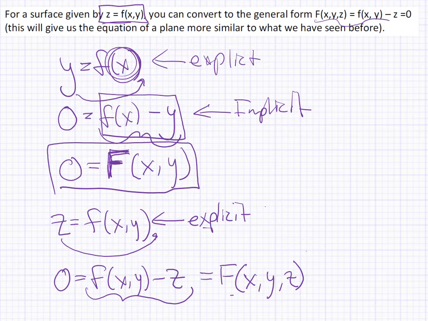Now, if you go back and look at that previous example, we had fx times x minus a plus fy times y minus b, and we had the function value.